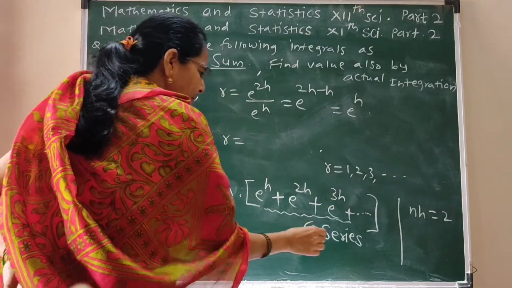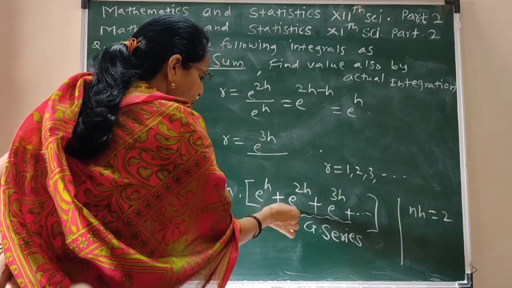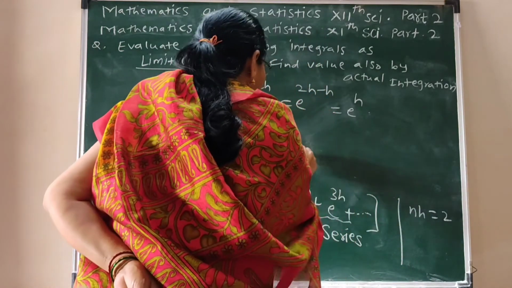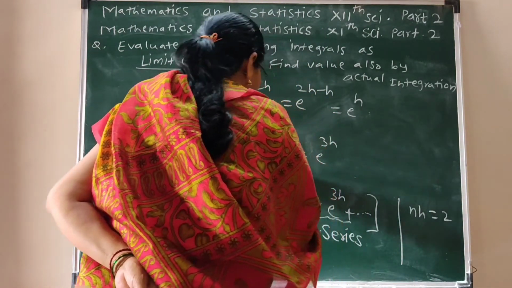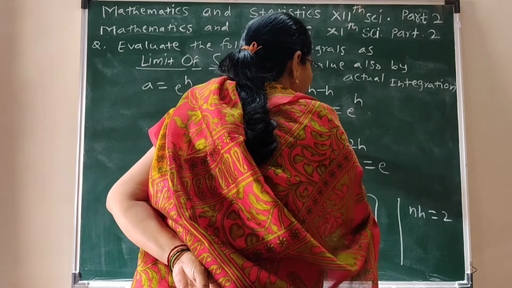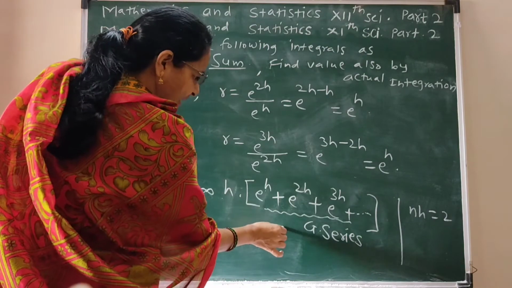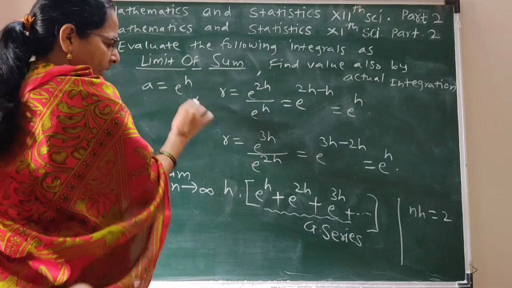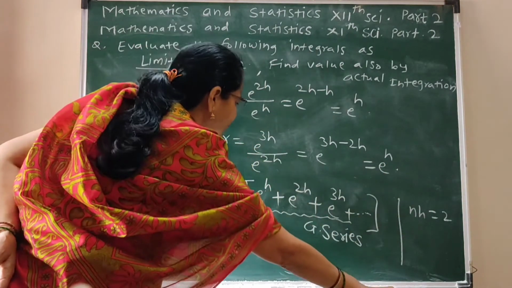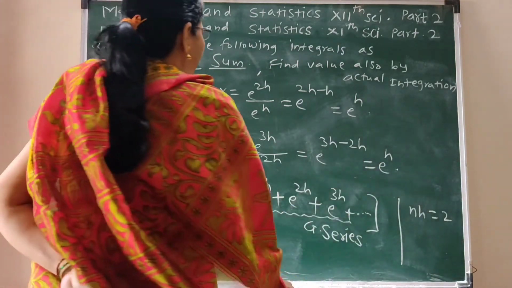Similarly, r is equal to e raised to 3h upon e raised to 2h, 3h minus 2h, is e raised to h. That means this is a geometric series with first term e raised to h and common ratio e raised to h.